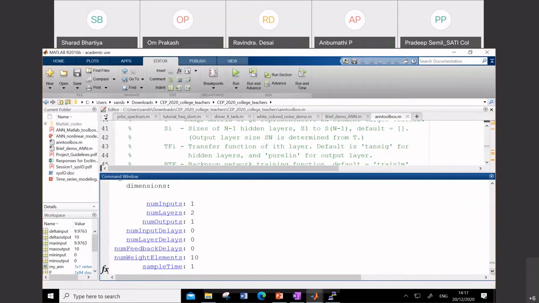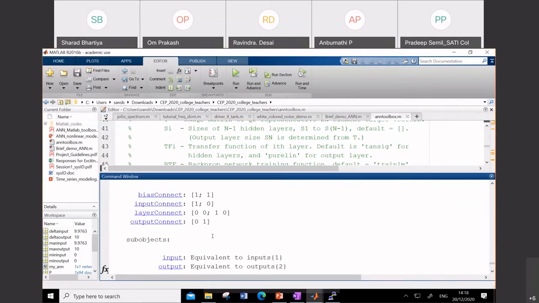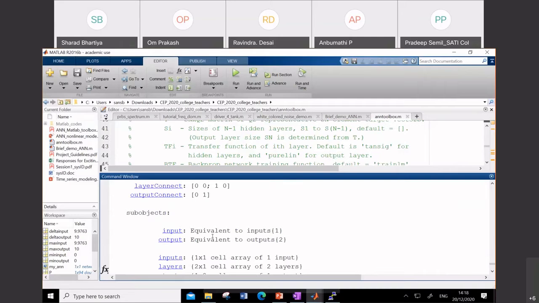You have a lot of scope to specify what type of neural network you want to make. If you don't want a bias somewhere, you can make it 0 over there. If you want an input to connect directly to the output layer, that is also possible. And so on. There's a lot of scope for playing around.